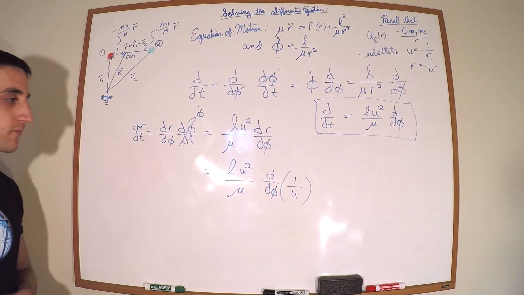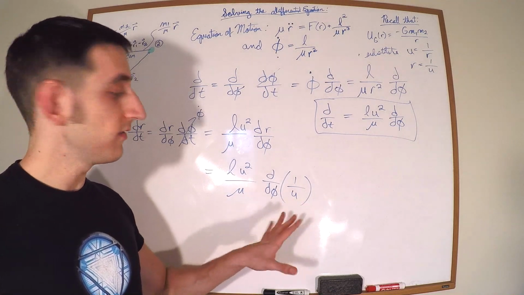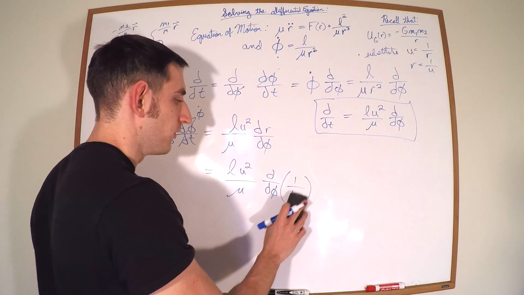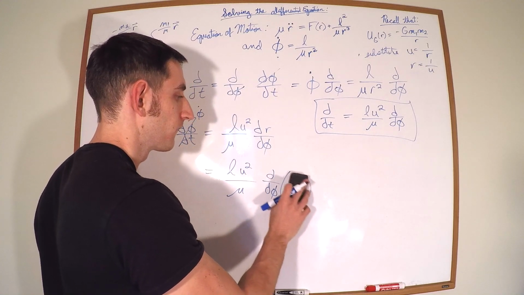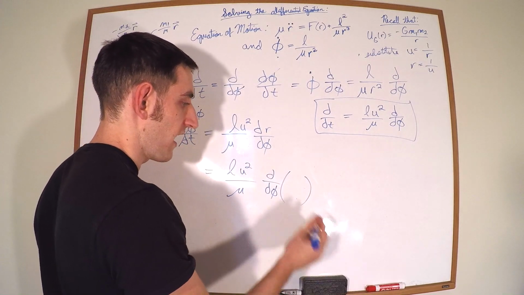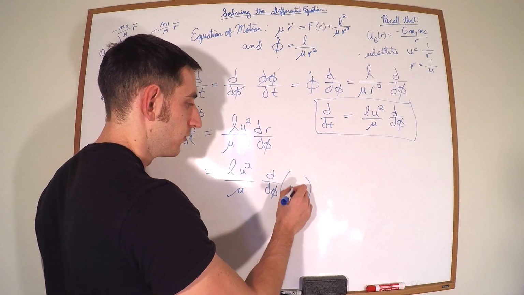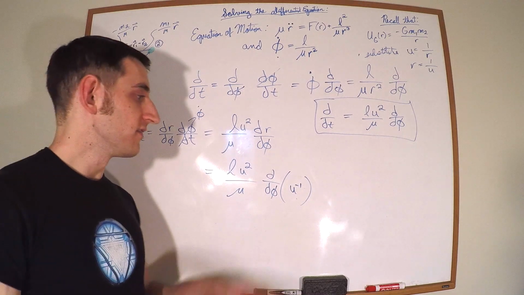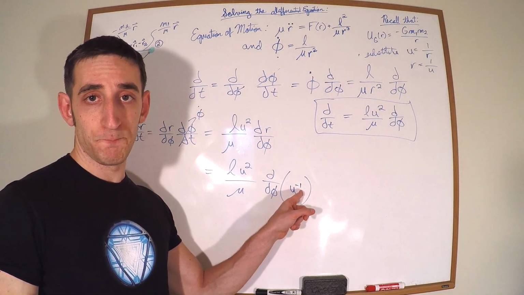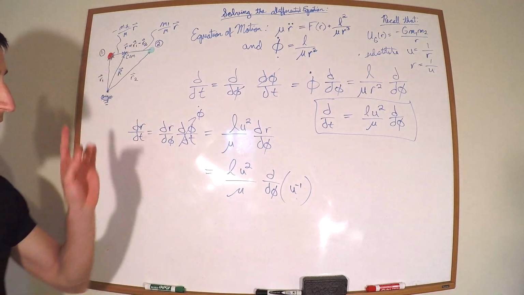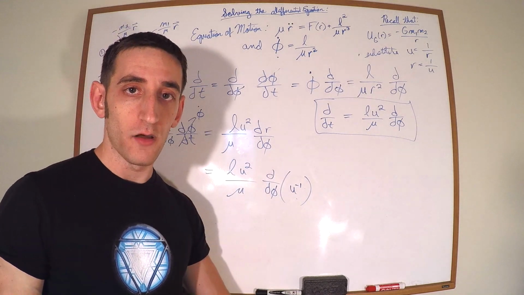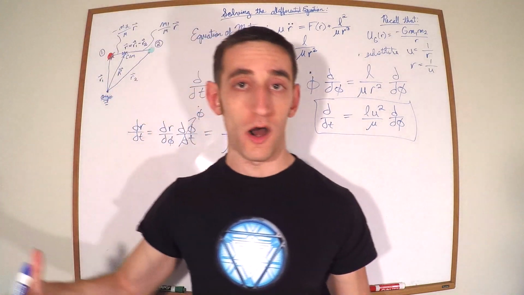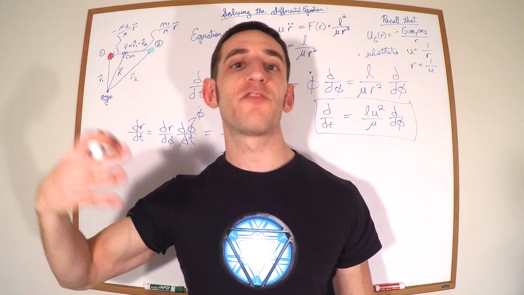Okay, very important. This is a little weird. So what I want to do is write this as u to the negative 1. Since it has an exponent up here, we're going to need to use the chain rule again, a second time. Think back to Calc 101 when you were doing rate of change problems.